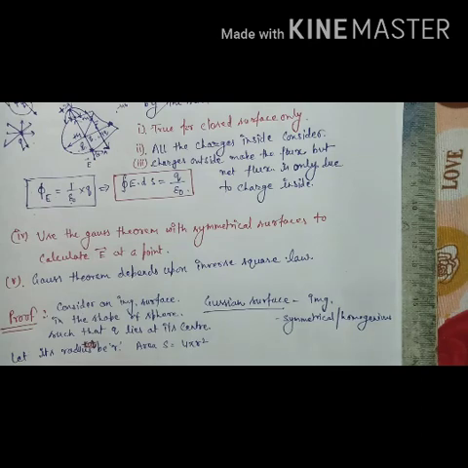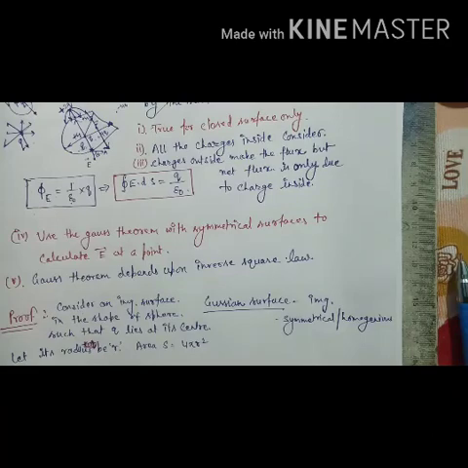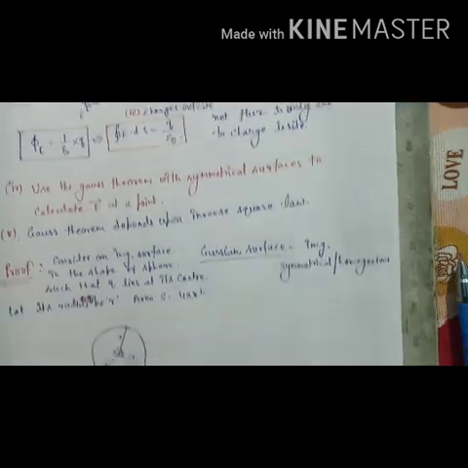Coulomb's law holds the inverse square law. If, let us suppose, Coulomb's law does not depend on the inverse square law, then Gauss law will be different. We can explain how it is here.